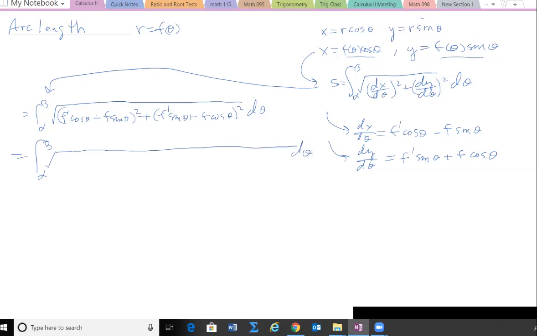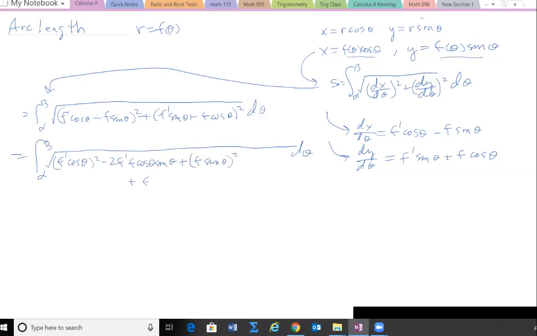And I'll leave myself a little bit of room here. Got f prime cosine theta, we'll just write it like this, squared, minus 2 f prime f cosine theta sine theta, plus f sine theta, I'm going to square that.